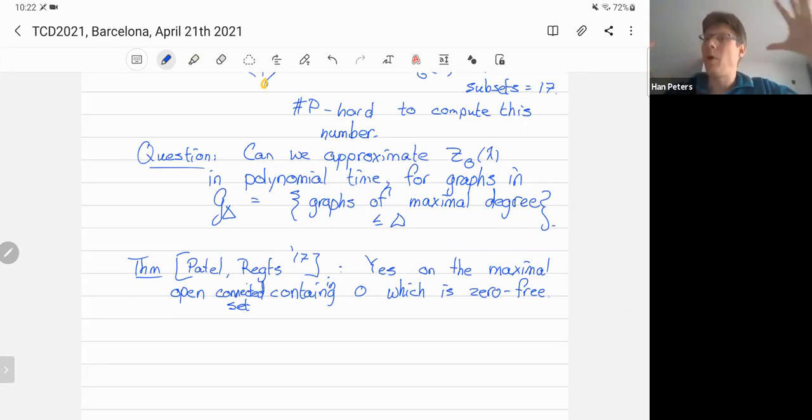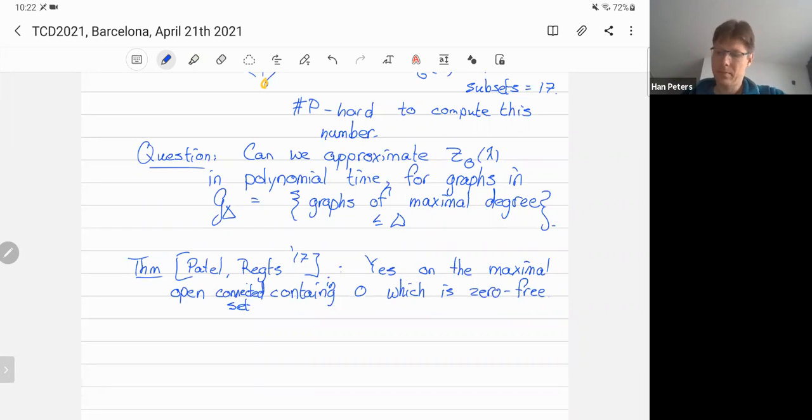In other words, if you have some open connected set containing zero, and you know that for any graph in your collection G delta, you don't have zeros there, then on that open set you can approximate the values of your independence polynomial efficiently, up to some small multiplicative error.